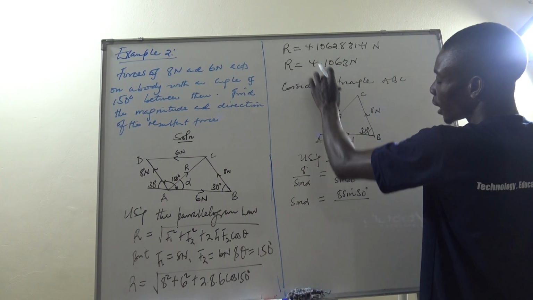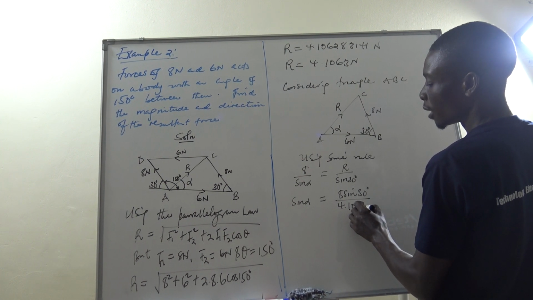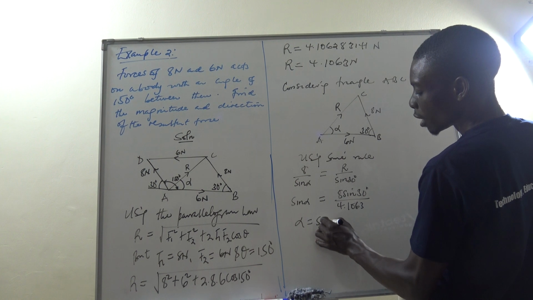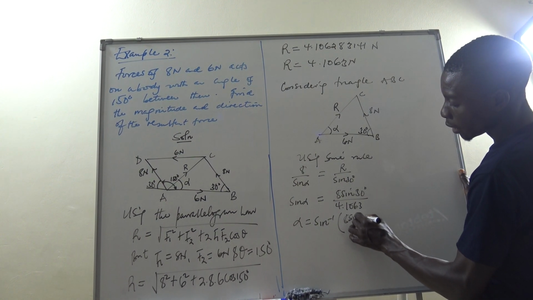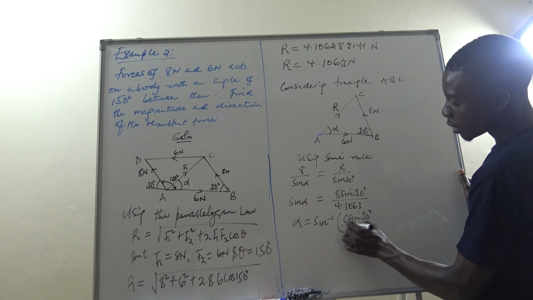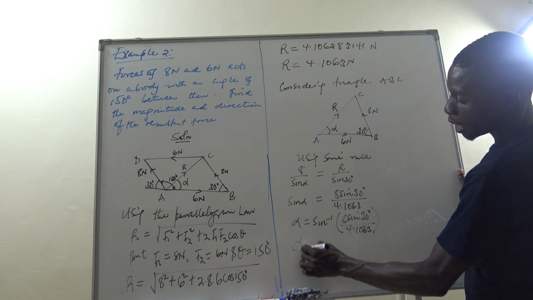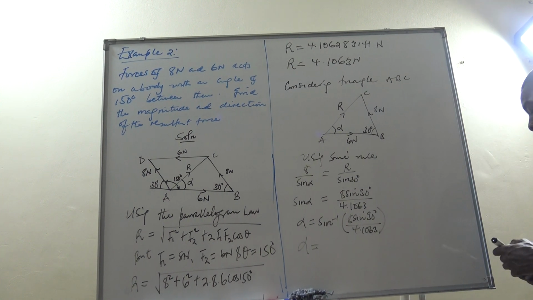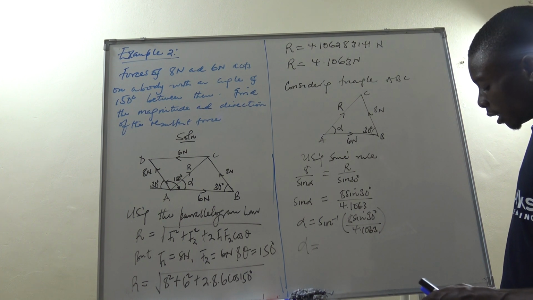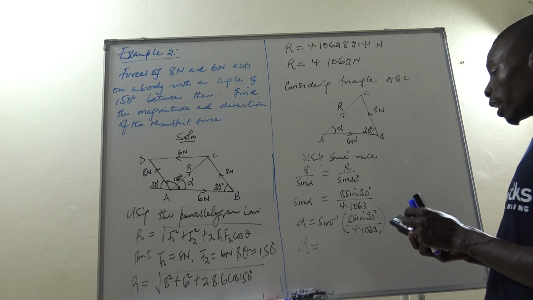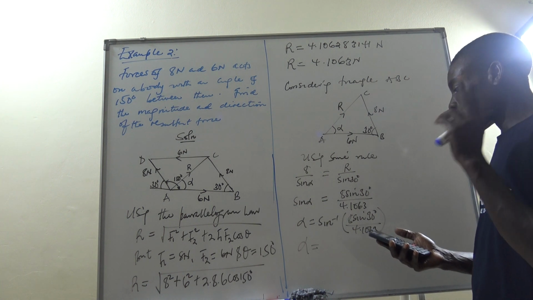We have agreed that R is 4.1063. So my alpha is the sine inverse of 8 sine of 30 degrees out of 4.1063. Then we press and see. Please make sure that your calculator is not in radian.